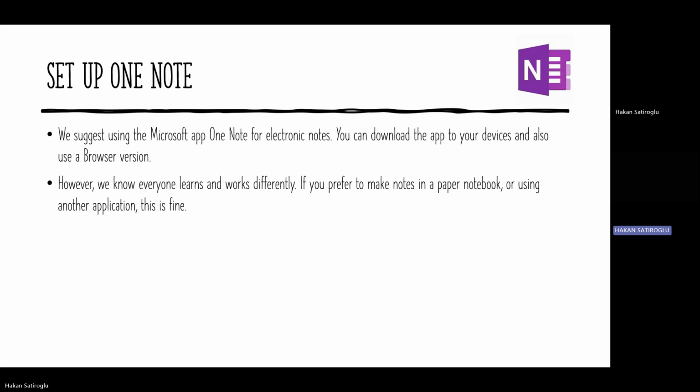However, we know everyone learns and works differently. If you prefer to make notes in a different notebook, or using another application, this is fine. One application I know is Evernote, which is obviously not a free application. You may use that one as well.